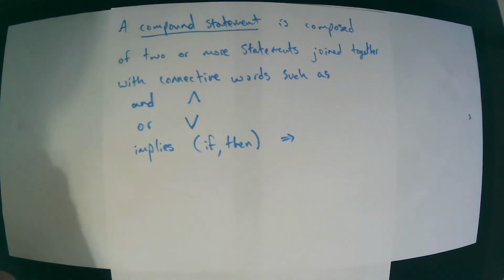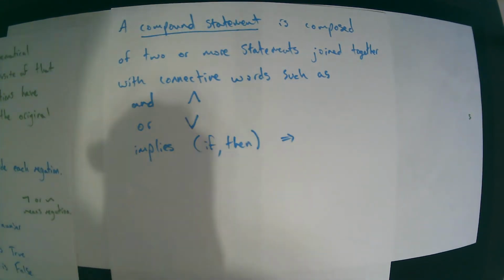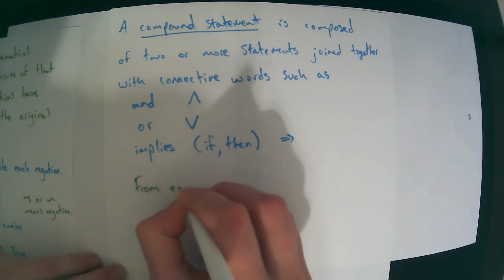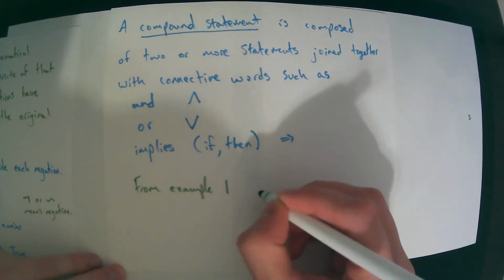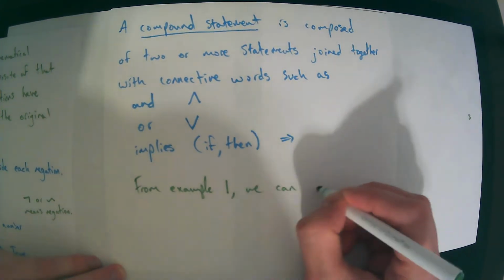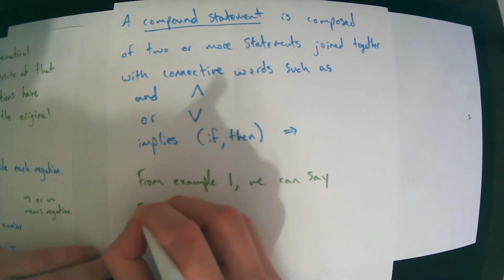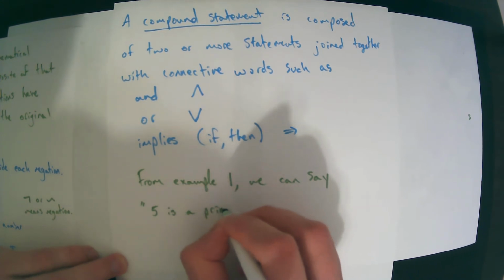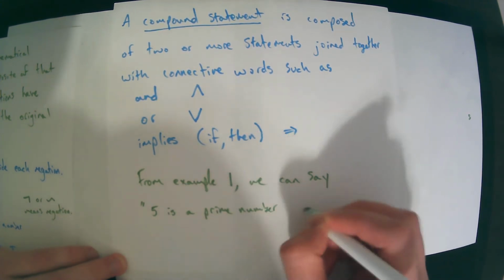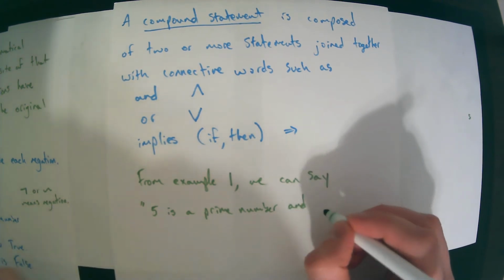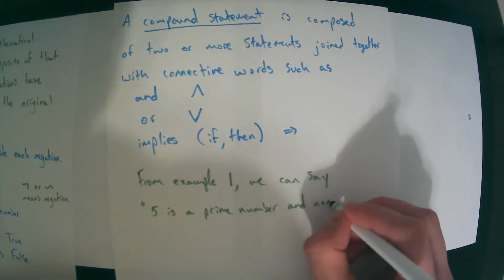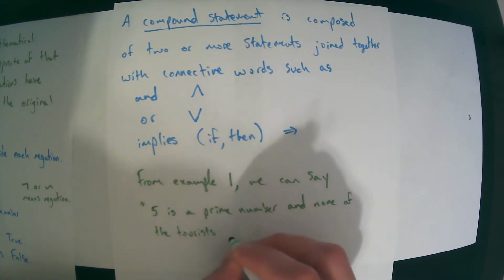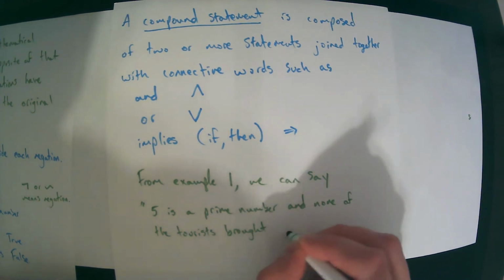So if I wanted to say that, based off of example 1, we can say 5 is a prime number and none of the tourists brought raincoats.